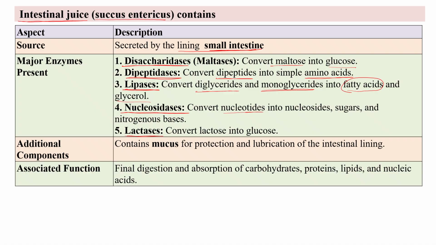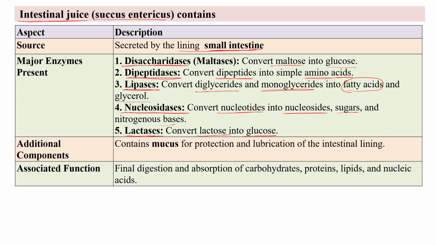Nucleosidases convert nucleotides into nucleosides, sugars and nitrogenous bases, and lactases convert lactose into glucose. You don't need to go into depth about these. I have just told you the names of the enzymes, which is enough for you at this level, and you will study this in detail in the higher classes.